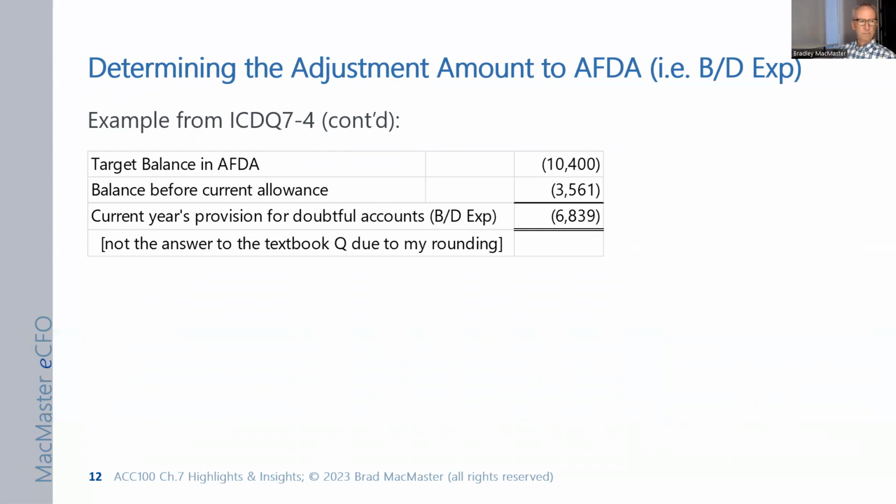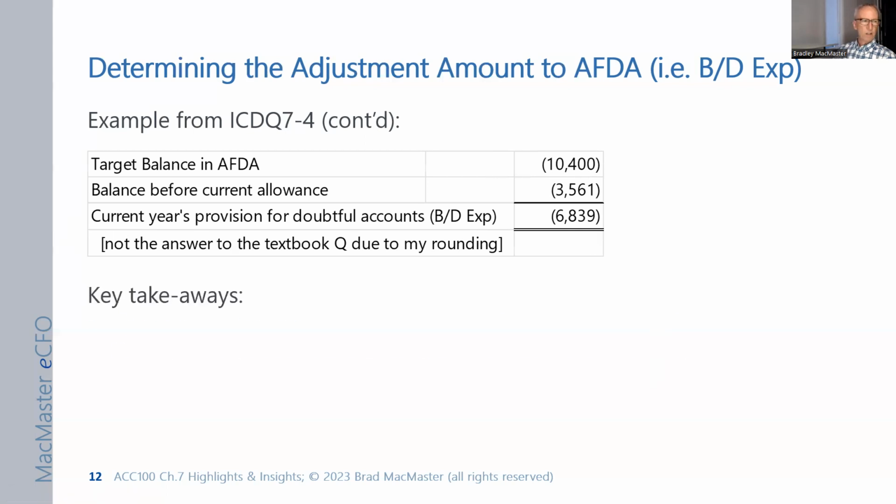Okay. Now, this is not the answer that we gave you in the textbook or we took up in class, because I'm using a different target balance. I'm using my rounded estimate. But if you put another estimate in here of 10,441, then you're just going to add $41 to the adjustment, which would be 6,880. That's the answer we did in the textbook.